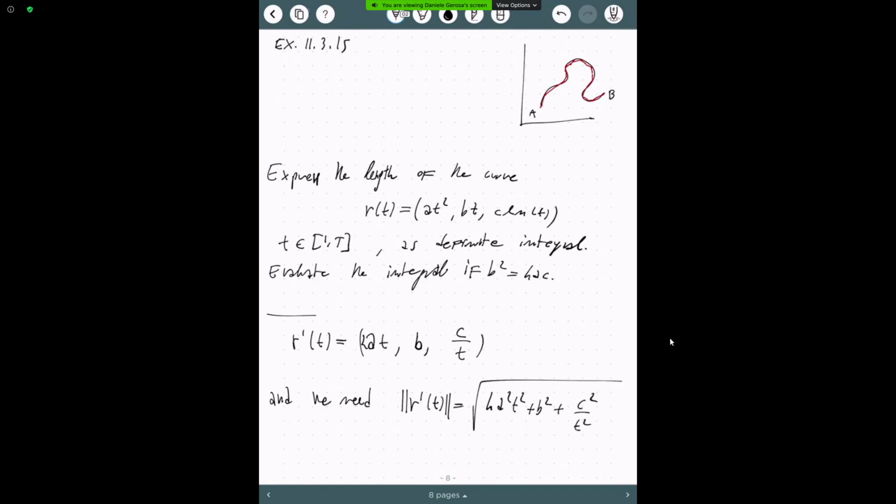Right. So now, of course, the length of this curve, the length of r between 1 and T is given by the following integral.